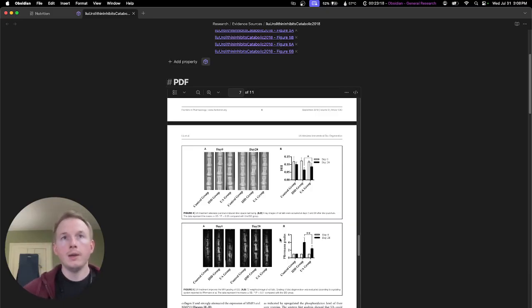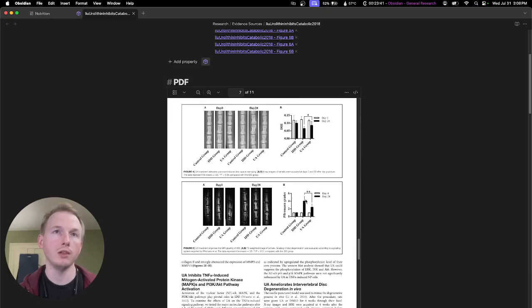Meaning, okay, in this case, they have day 0 and day 28 results from, let's see, these look like X-ray results looking at disk space, or they call it disk height index, and some changes from those. So I'm most interested in these.